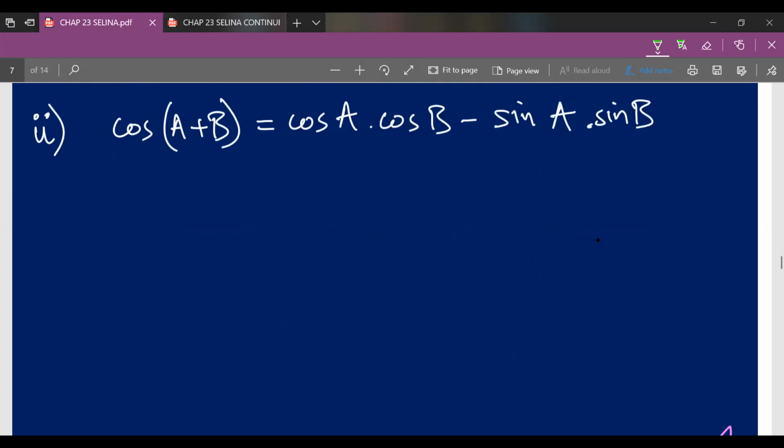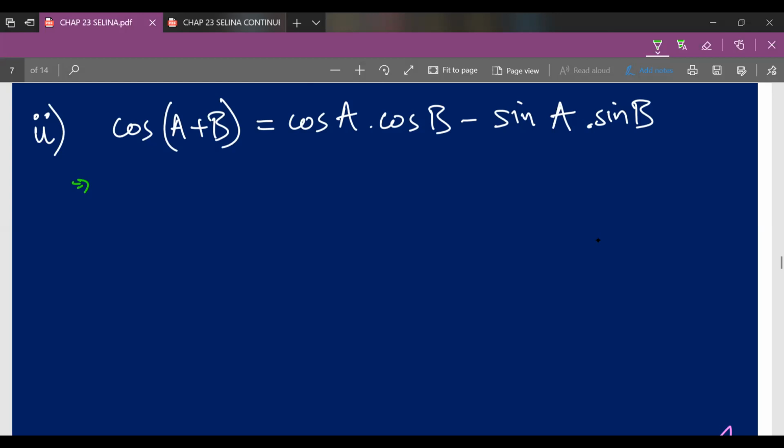Over here we'll come to a subpart of question number 1. Cos (A plus B) is equal to cos A. Now earlier I had mentioned that if they display a dot, the dot means multiplication symbol, or if there is no symbol then it means multiplication also. Now over here the dot represents a multiplication symbol.